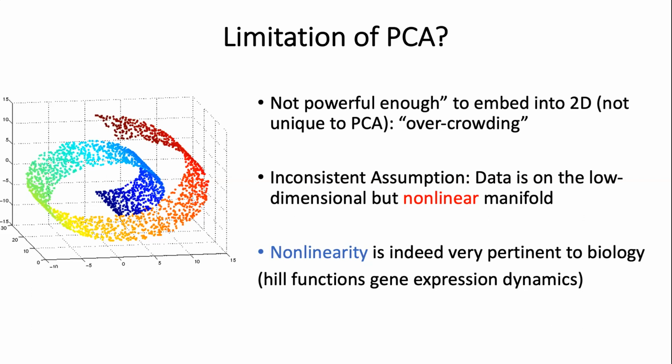Maybe PCA is very good if you look at 10 or 15 components, but you cannot easily represent that. The first two PCs are not so condensed with information, but looking at 10 is totally okay. Second is an inconsistent assumption: PCA is a linear transformation.